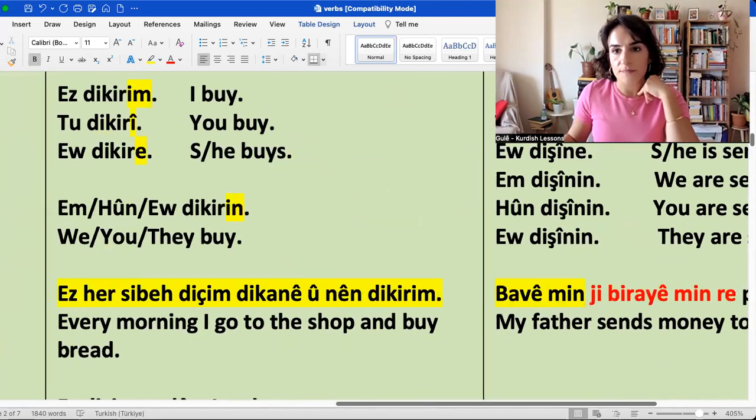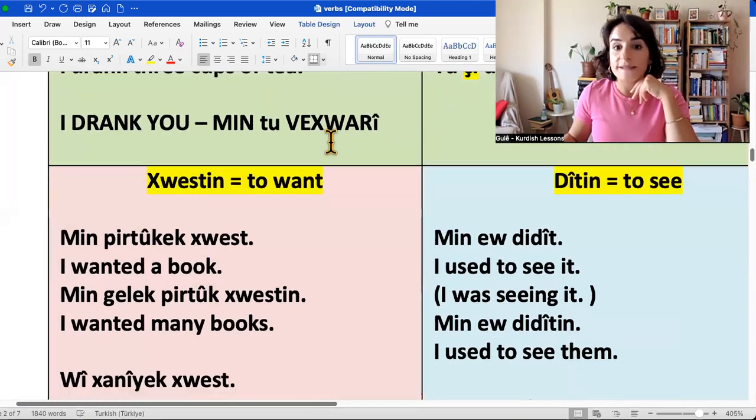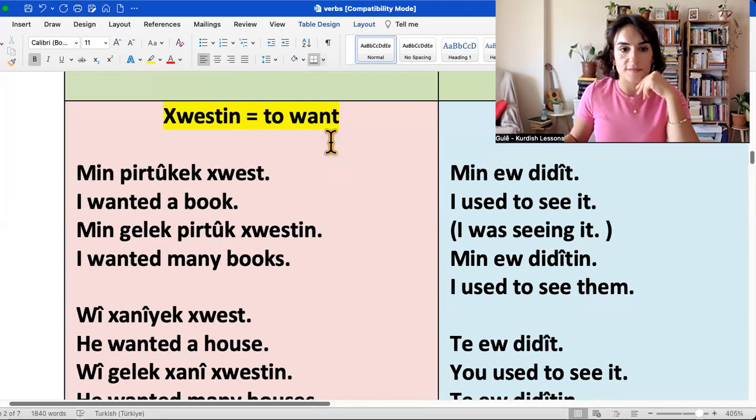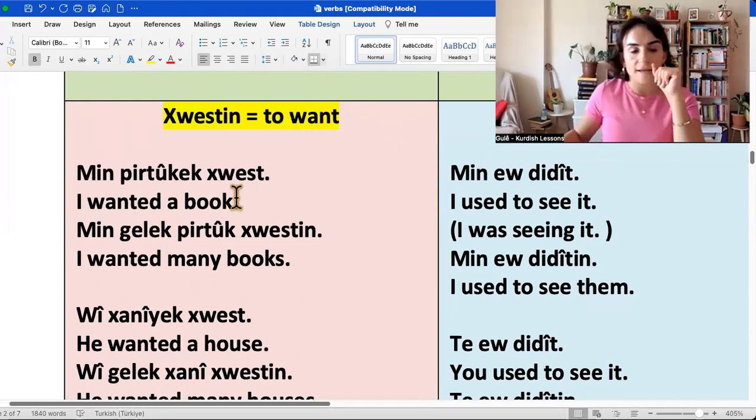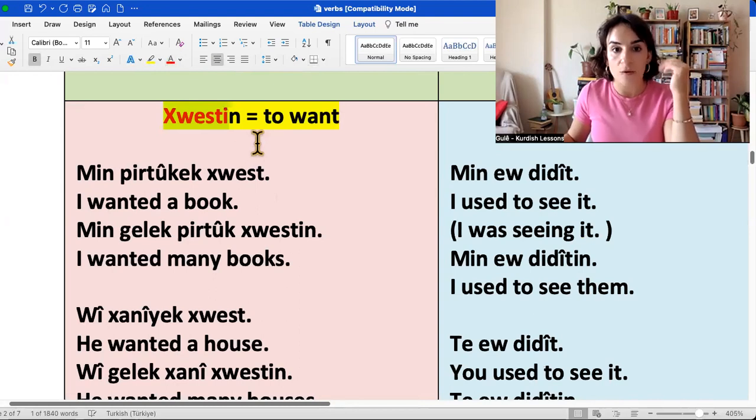And now let's have a look at the next verb. Khastin, of course, it's really important. Khastin is to want, and here we have the past conjugation. So host is the past stem, host.